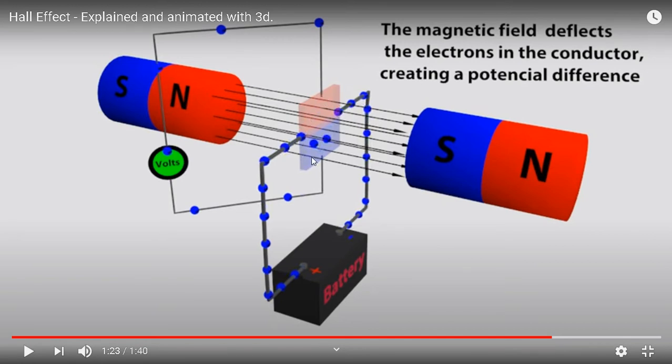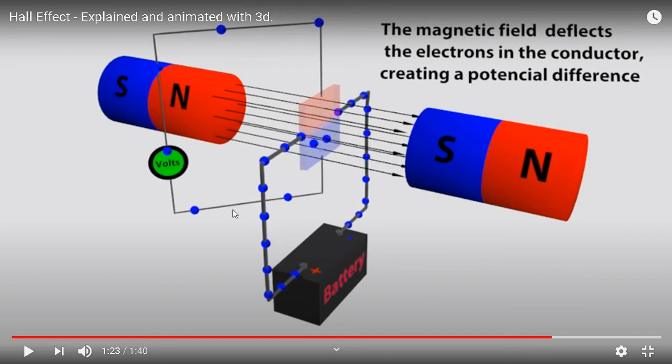In our case, we have chosen a p-type semiconductor, but here it's a typical conductor, and you can see electrons moving via the conductor, flowing within the conductor under the influence of this magnetic field. And what is the impact of this magnetic field on the electrons? You can see that electrons started bending, and they start moving into another wire which is placed here.